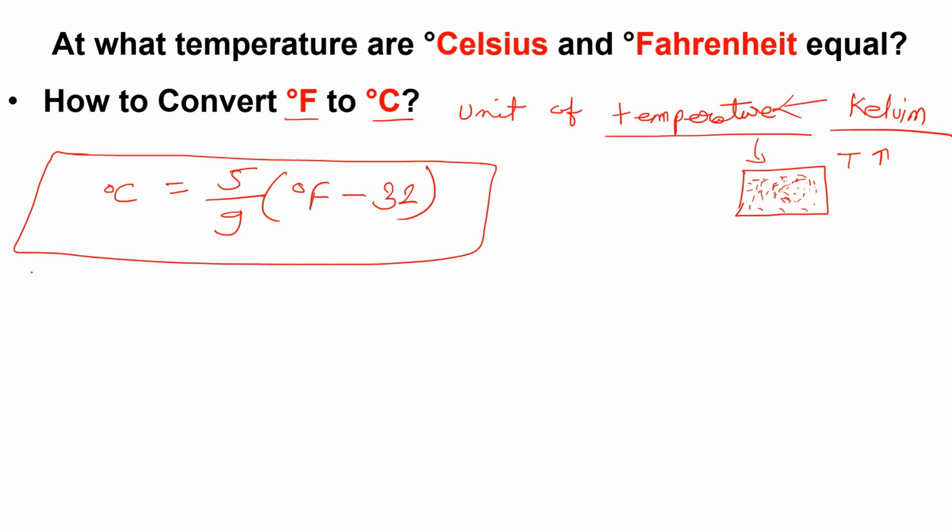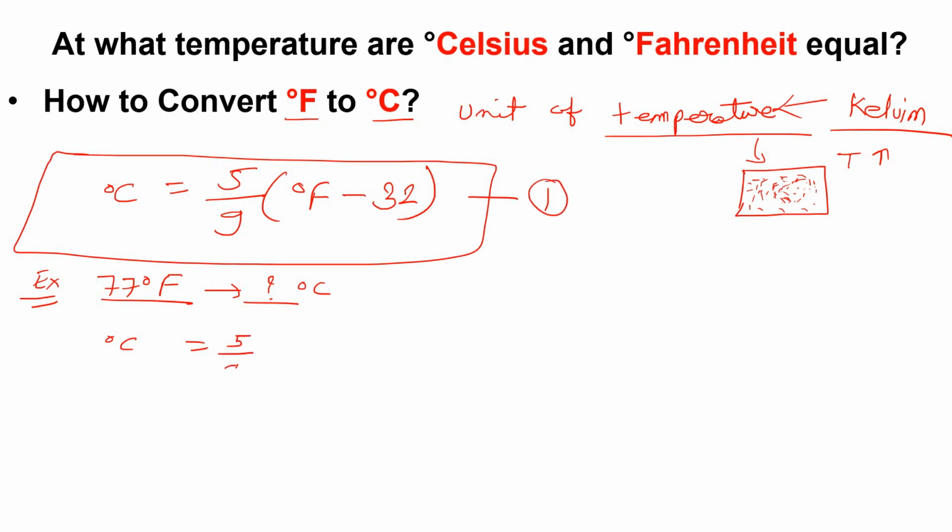Now let's take one example: you have 77 degree Fahrenheit. Convert that into degree Celsius. Simply put the value of degree Fahrenheit in equation number 1.